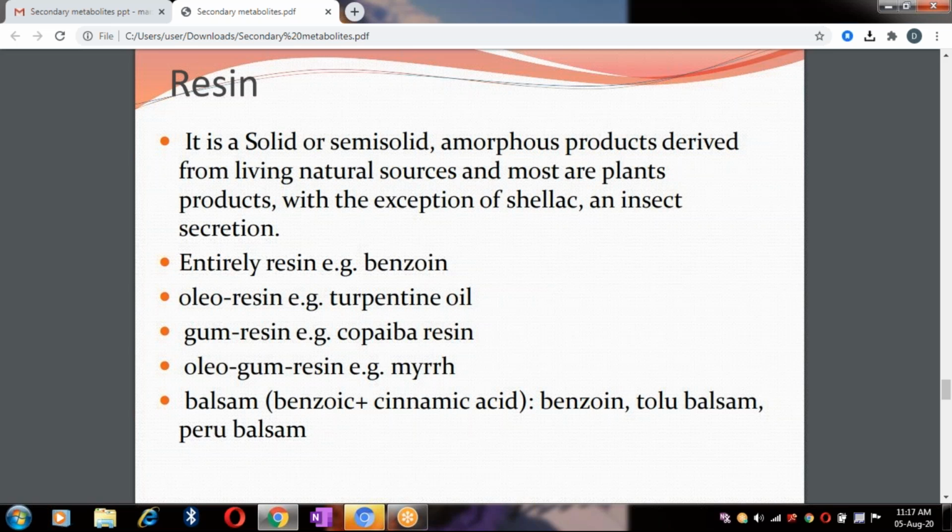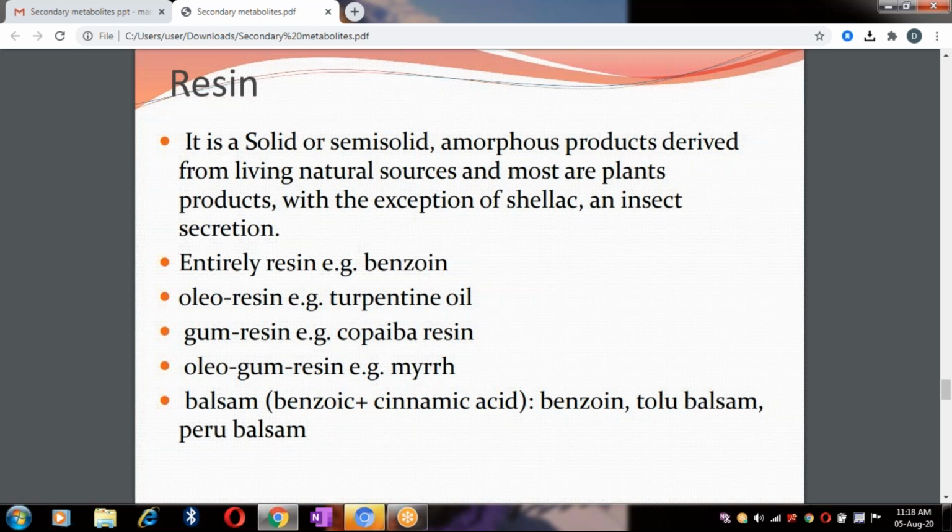You people can hear me? Yes, ma'am. So are you able to recollect what we had discussed in yesterday's class? Yes, ma'am. Okay. Now, coming to classification, chemically, resins may contain organic acids, alcohols, esters, and neutral resins.